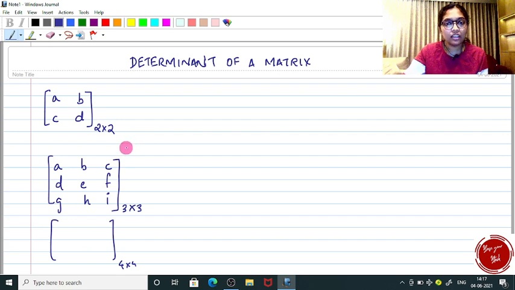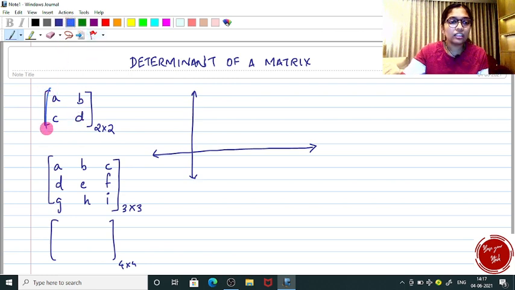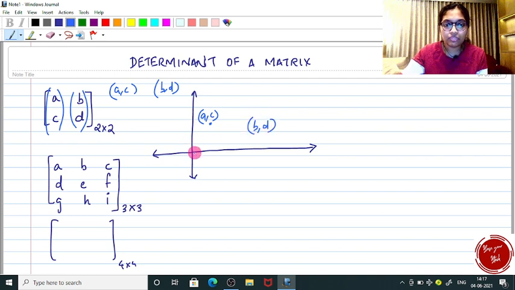Now, what is this determinant all about? Actually, it gives an idea about the matrix, isn't it? For example, let me start with this 2 by 2 matrix. A 2 by 2 matrix means a 2-dimension system, a 2D system. Now I am going to have the coordinates A comma C and B comma D. If I mark these points and draw vectors connecting the origin to those points, I get two edges.